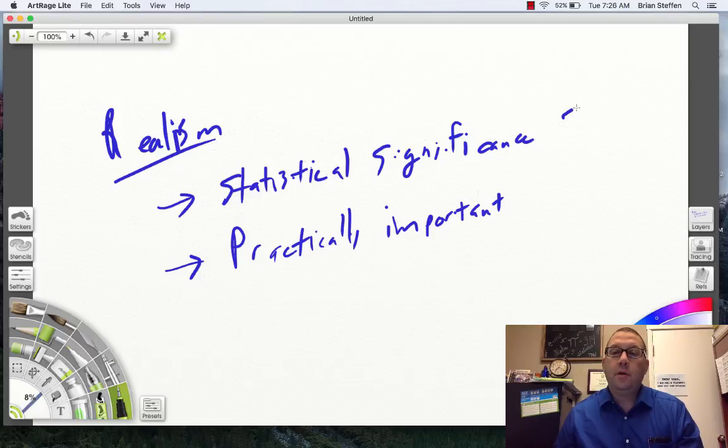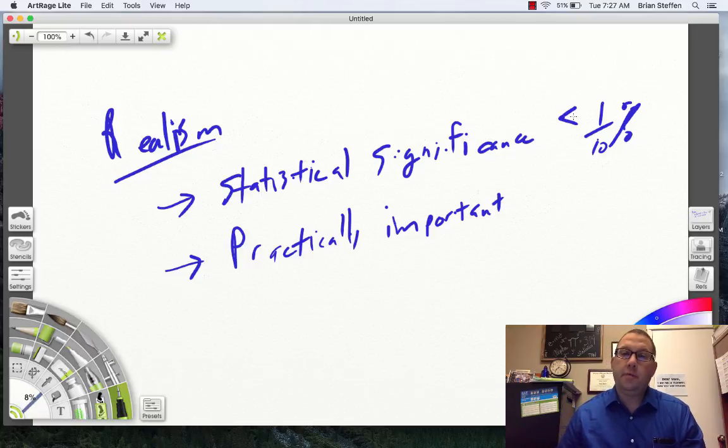It could have happened less than 0.1% of the time, which means that the actual outcome that we're seeing is very significant. There's a huge difference between the two. Does that mean it's practically important? Not at all. Just because something has a low probability of happening by chance, and then it actually does happen, you're like, oh, it shouldn't happen, but it did. Wow, that's really significant. That doesn't make it practically important.